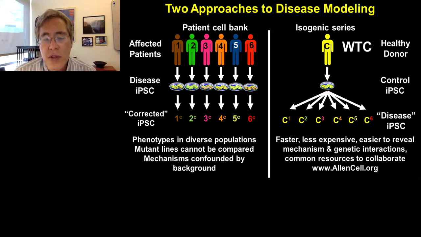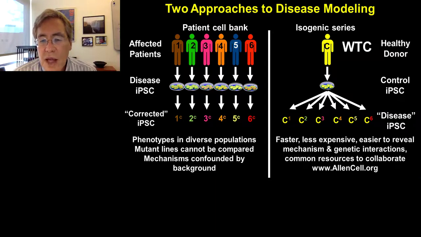WTC is the wild type C line that we have provided to the community, and is now becoming sort of a common platform for studying human disease. But one can do this with any wild type iPS cell.